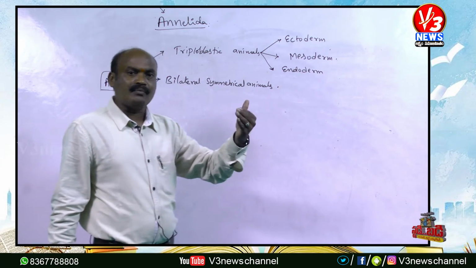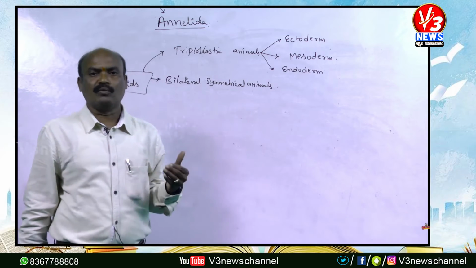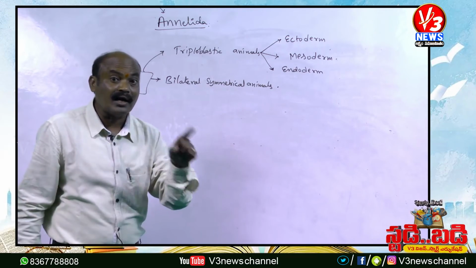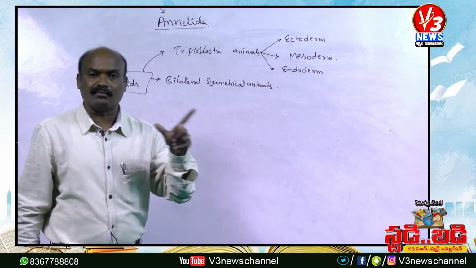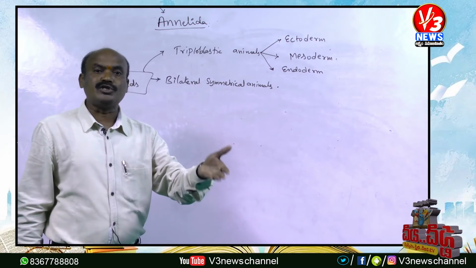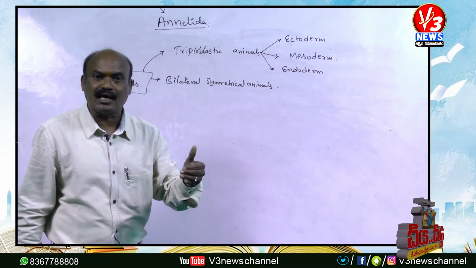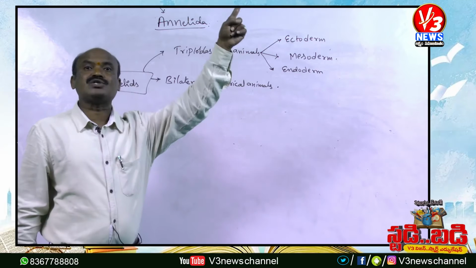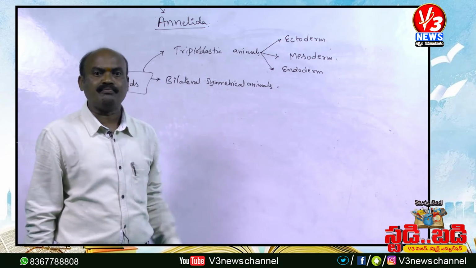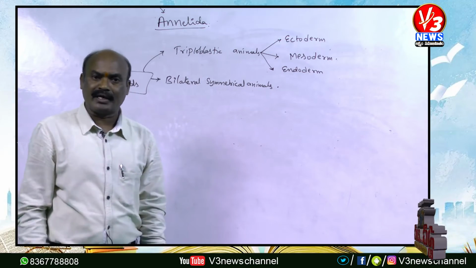Why do they possess a false coelom? Their body cavity is not lined by peritoneum. There is no peritoneal lining. The unoccupied portion is the remnant of blastocoel. The blastocoel is the primary body cavity. Coelom is the secondary body cavity.